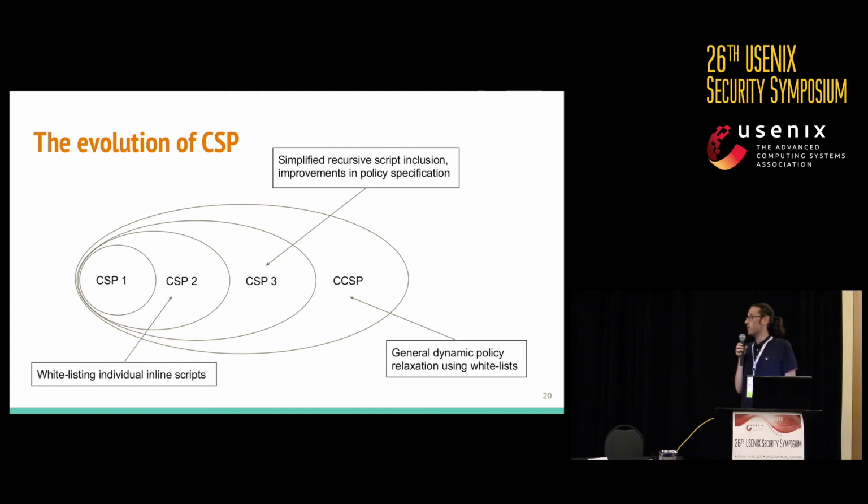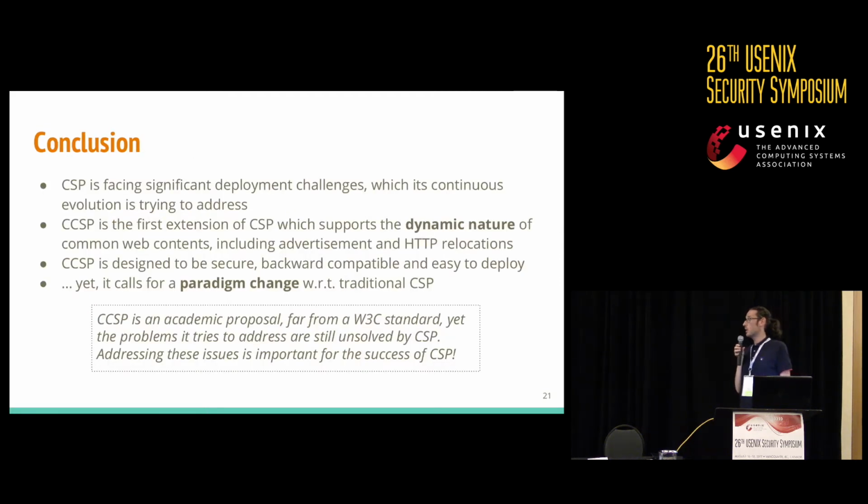And finally, I include in this slide also our proposal, CCSP, which has a more general mechanism for dynamic policy relaxation, which is still based on whitelist. So we move back to the initial design philosophy of CSP. To conclude, CSP is facing some significant deployment challenges in the wild, and the evolution of CSP is trying to address these challenges.